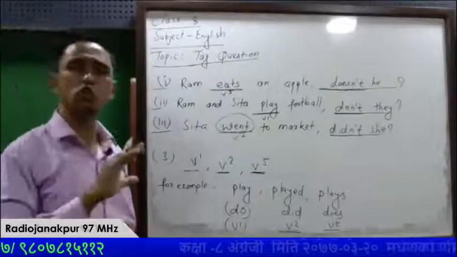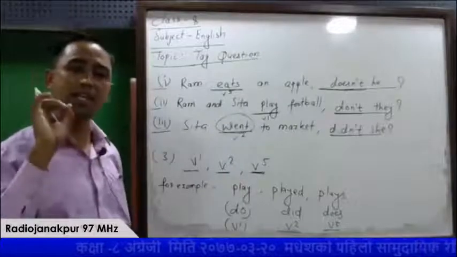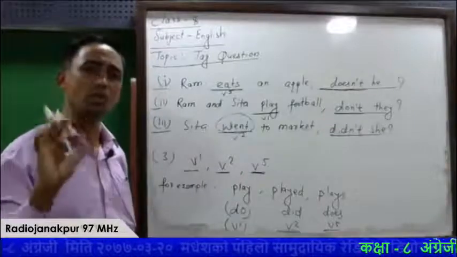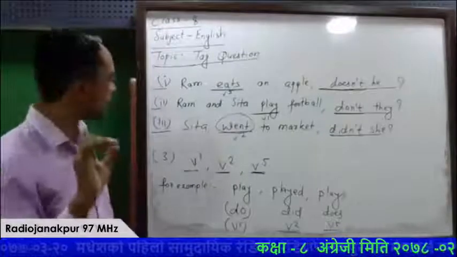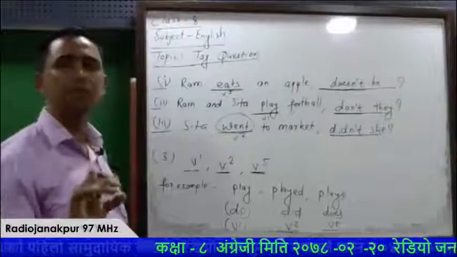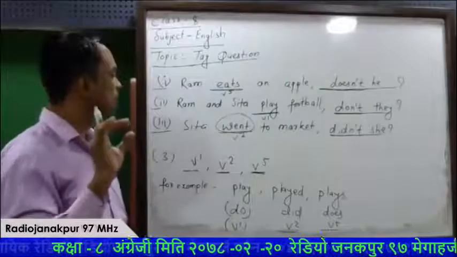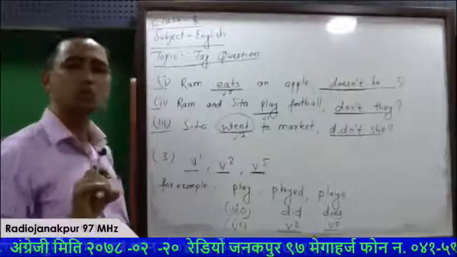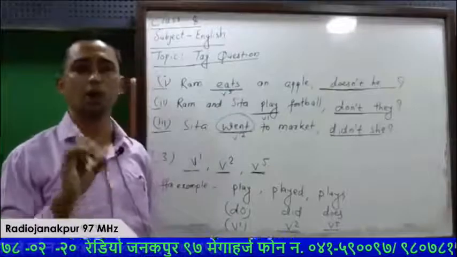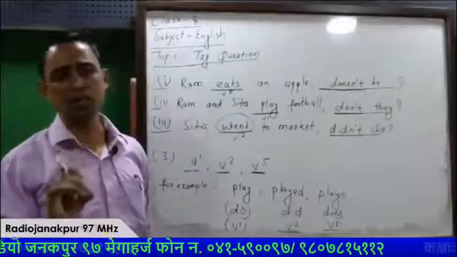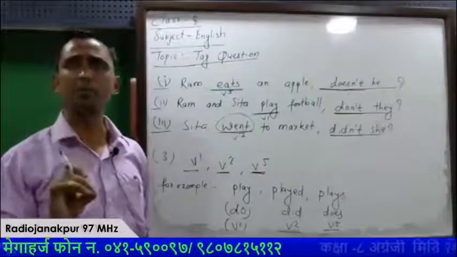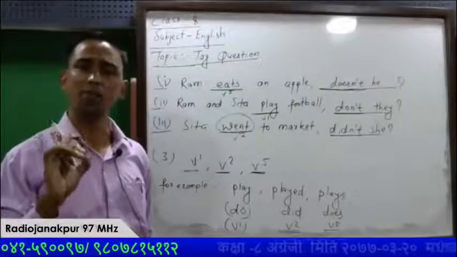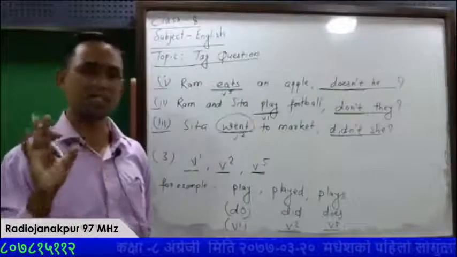But if there is no auxiliary verb, there must be either V1 or V2 or V5. If there is V1, then we have to take help of do verb. In the same way, if there is V2, then we have to take help of did verb, and if there is V5, then we have to take help of does verb.